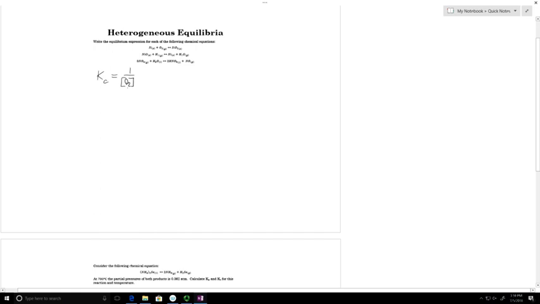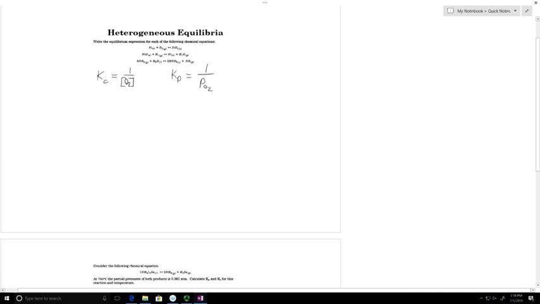Oxygen is a reactant, so it goes at the bottom. If it was a product, it would go up top. Similarly, you can do our Kp, which would be the same thing, except it would be the pressure of oxygen.